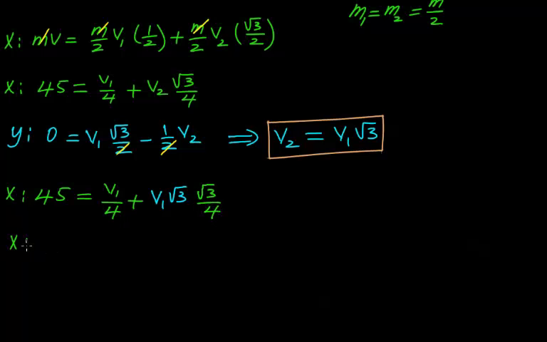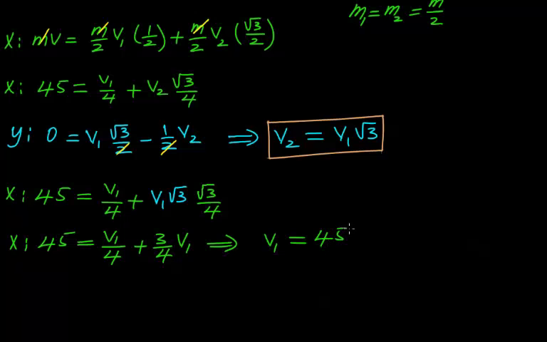Keep simplifying. 45 equals v1 over 4. What do we have here? We have square root of 3 times square root of 3, that's 3 divided by 4, that's 3/4 v1. 1/4 plus 3/4 of v1, that gives you 4 over 4, which is v1. As a result, v1 is going to equal 45 meters per second.